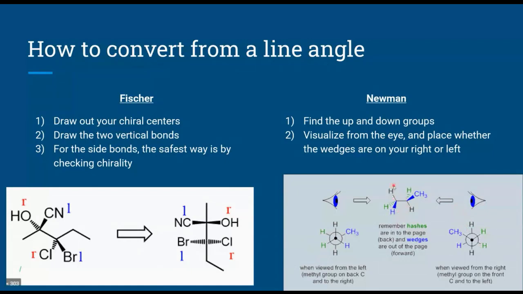So if you want to simplify this, if you're looking at it from the left, wedges are going to be on the right, dashes are going to be on the left. But if you're looking at it from the opposite way, it's going to flip the orientation. Does anyone have any questions about that? Okay, I don't see any questions.